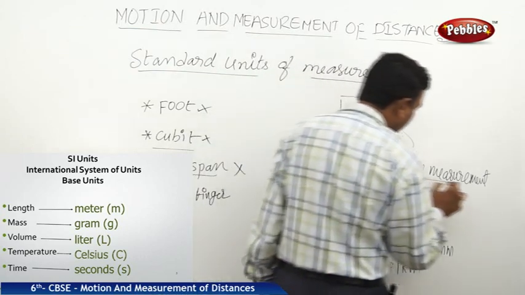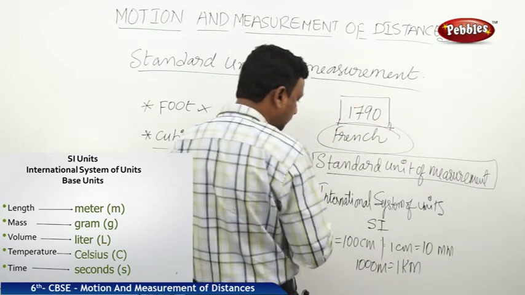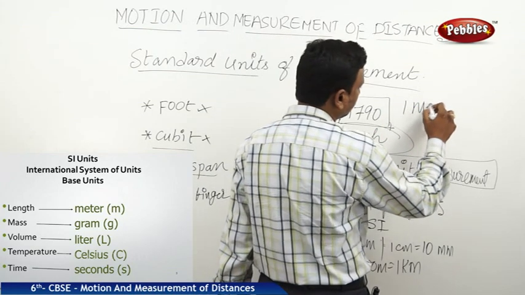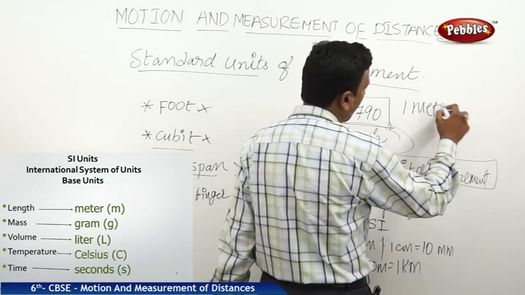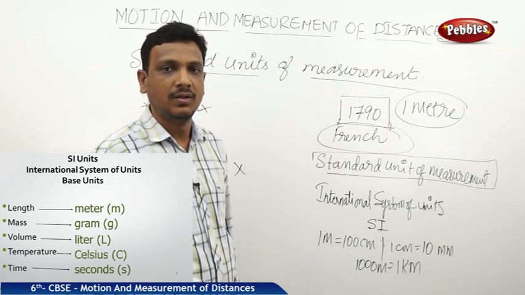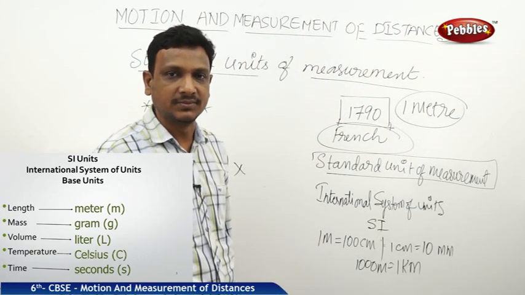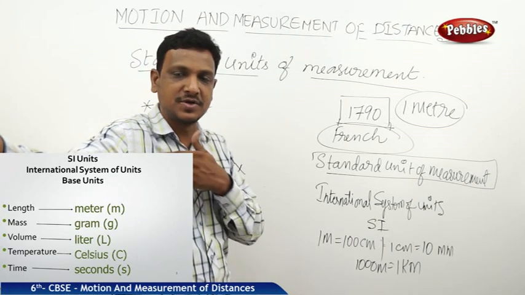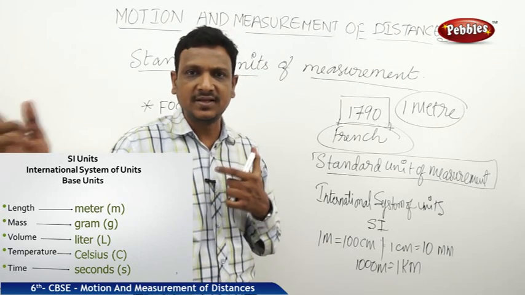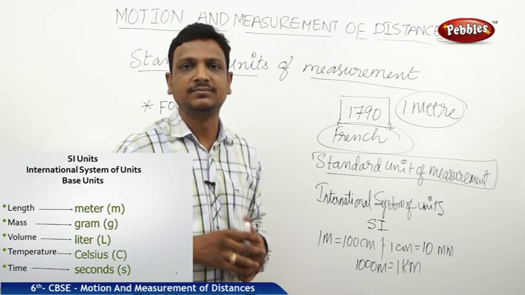The standard unit of measurement was given as 1 meter. So what is 1 meter? It is a length decided, that particular length as 1 meter. Everybody should take that particular length as 1 meter.